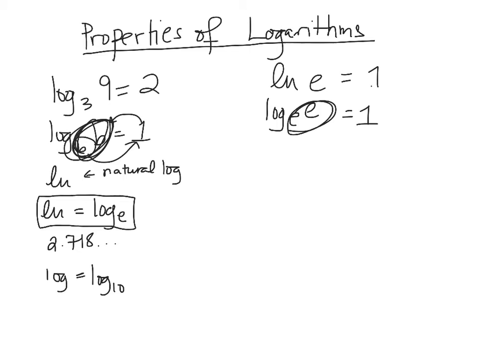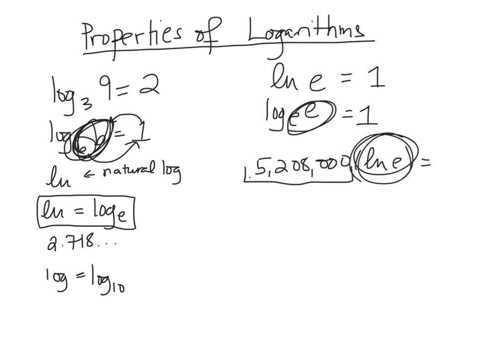So ln of e just equals 1. Let's say I have 5,208,000 times ln of e. What should that answer be? It should just be 5,208,000, because ln of e equals 1, so I can interchange that with 1 whenever I need to.